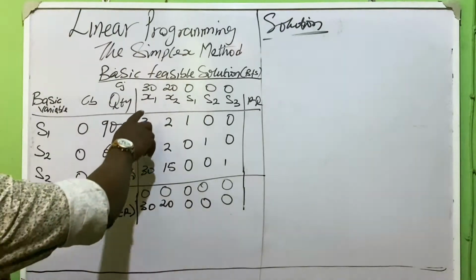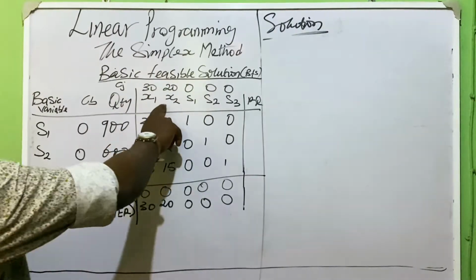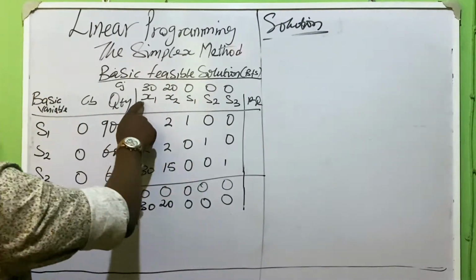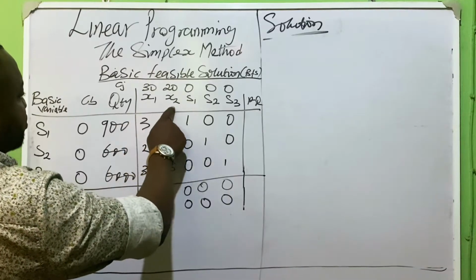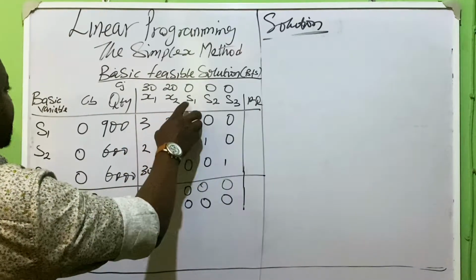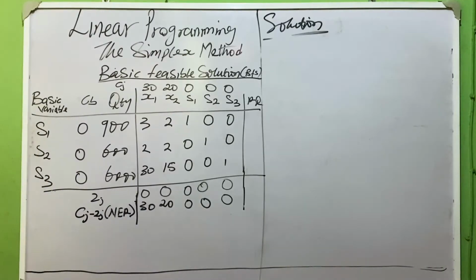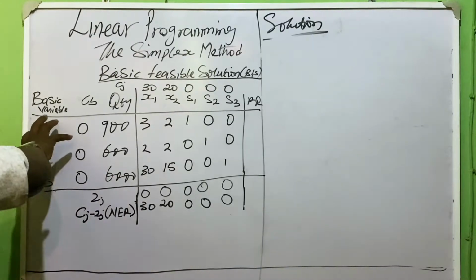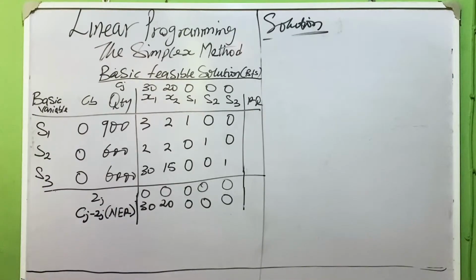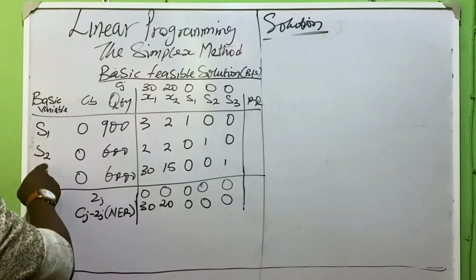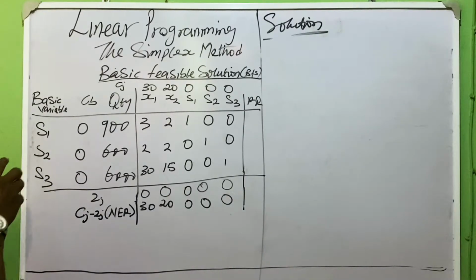So we are going to determine the non-basic variable. At this point, we have x1, x2. Any one that is not in the basis presently is termed non-basic. Those that are already in the basis are called basic variables. So we have only s1, s2, s3 represented in the basis.